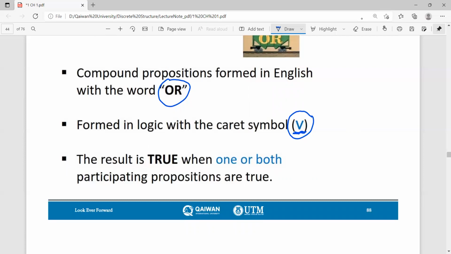That means in only one case do we get false: if both statements are false, false or false, the result is false. In other cases, if you have at least one true, the result is true. That means true and false, false and true, true or false, false or true, true or true. These three cases are true.